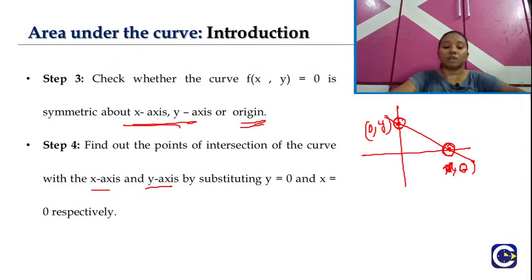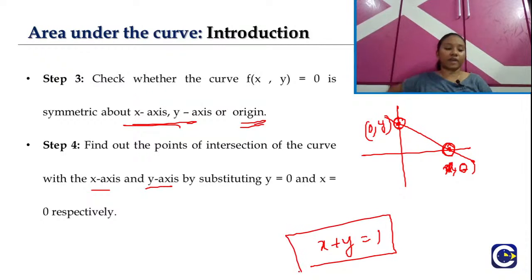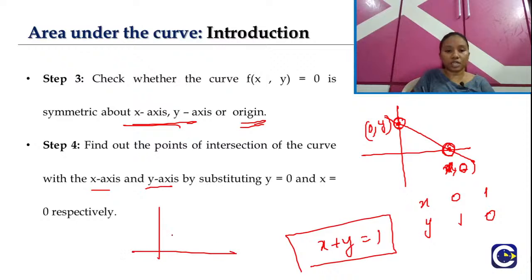Suppose there is one more curve, something like x plus y equal to 1. Let me take the line x plus y equal to 1. If x equals 0, what will be y? y will become 1. If y equals 0, what will be x? x will become 1. Which means my graph will look something like this.